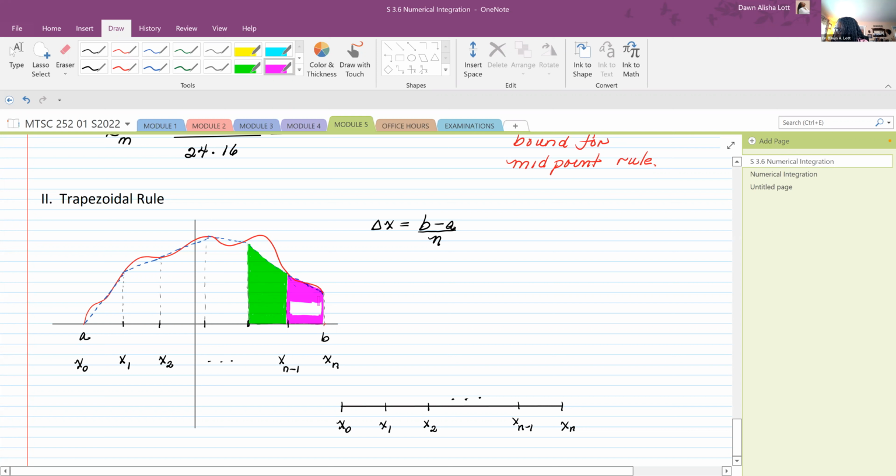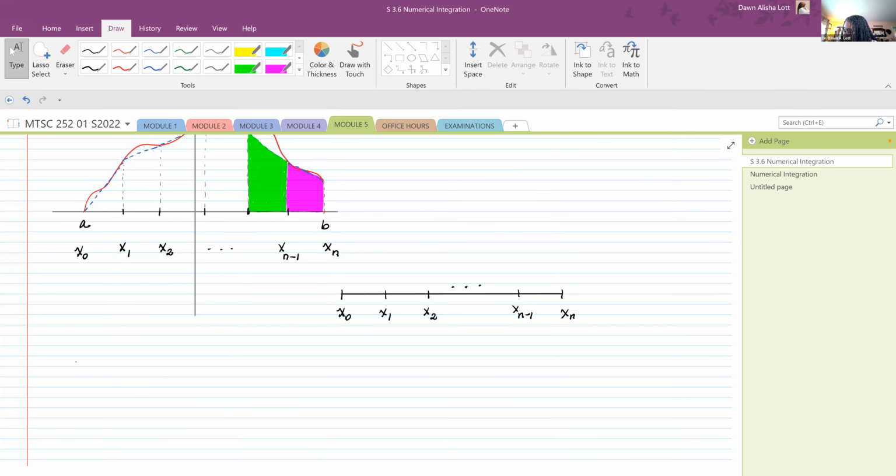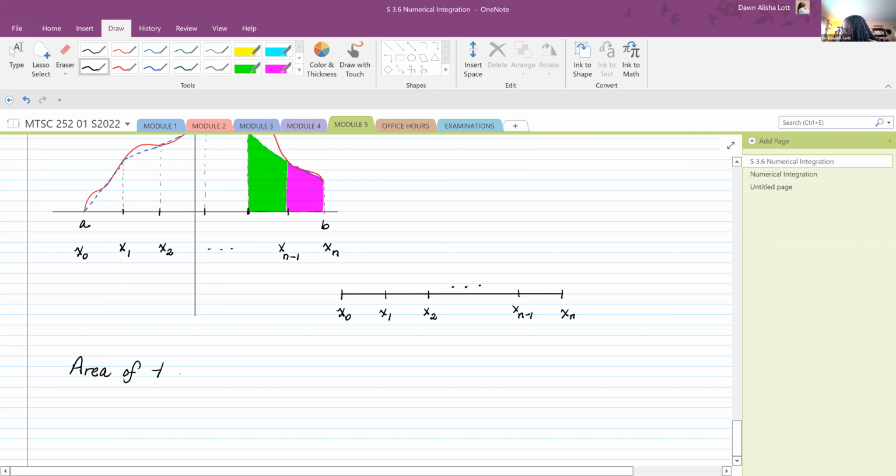Okay, so what's the area of a trapezoid? Well, the area of a trapezoid is 1/2 the first base plus the second base times the height.